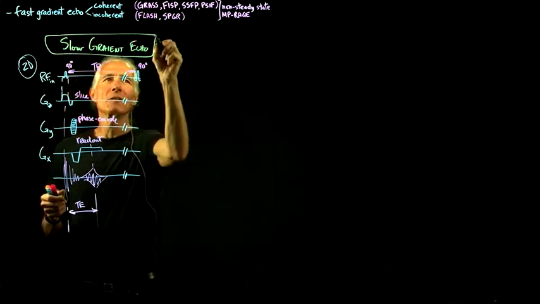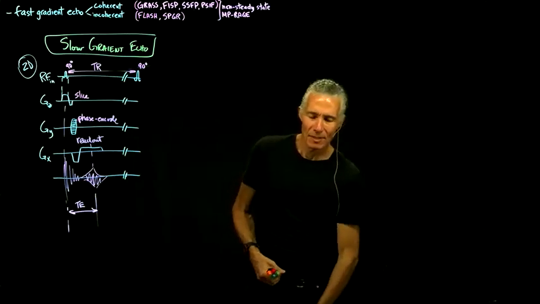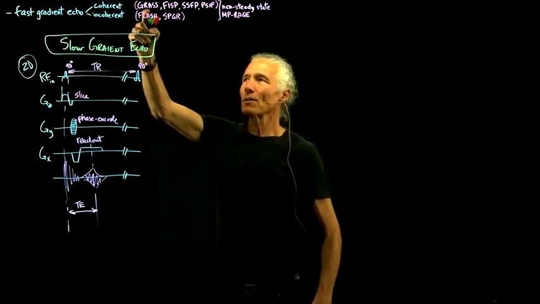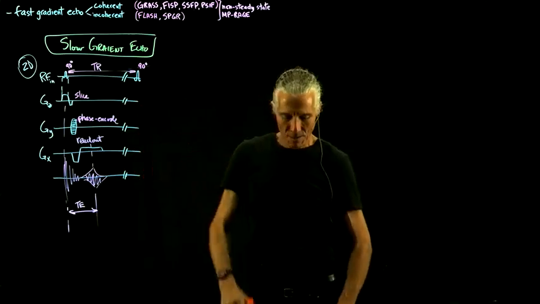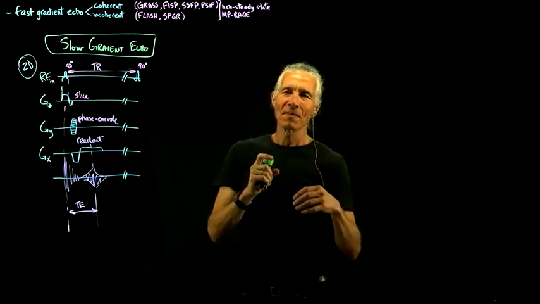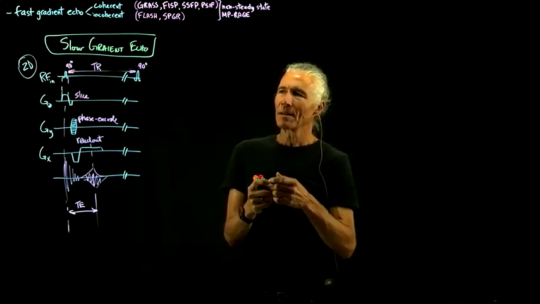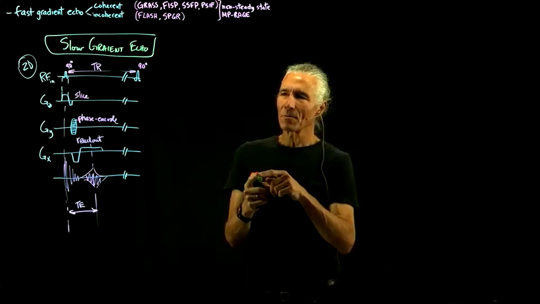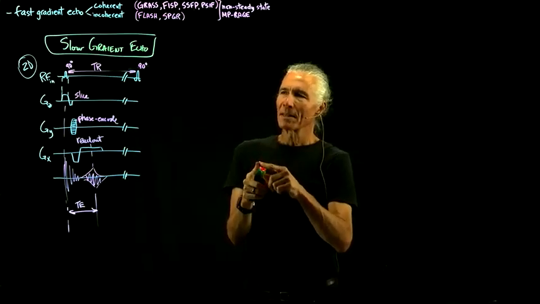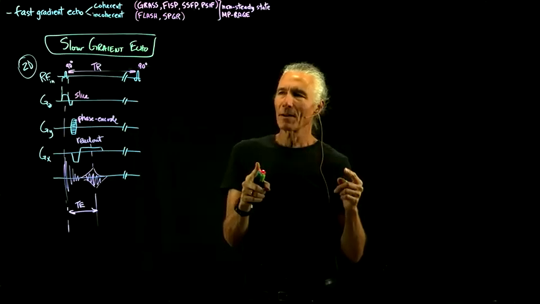Okay, so now what was the first thing that was developed even before Flash? Like this GRASS idea. People were already in the mood for spin echo. So what do you do with spin echo or fast spin echo? You do an RF pulse and then a 180 and then you get the spin echo.